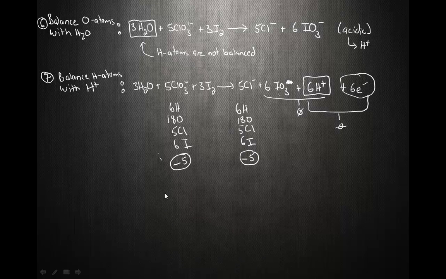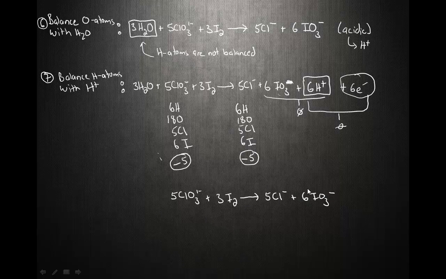So we'll go back to our original equation where we had 5 ClO3 1 minus, and I2. So we figured out what the numbers were for the atoms that were involved in the oxidation reduction, which is Cl and I. Now what I would do, instead of rewriting this, is go, okay, I know I've got a problem here.